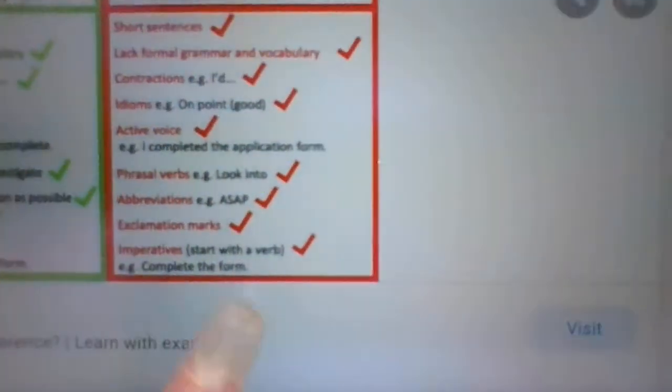For example, close the door, or close the window. Tutup pintu itu. Tutup tingkap itu. Close. You directly use the verb in front. So that is how you know it is informal, right?